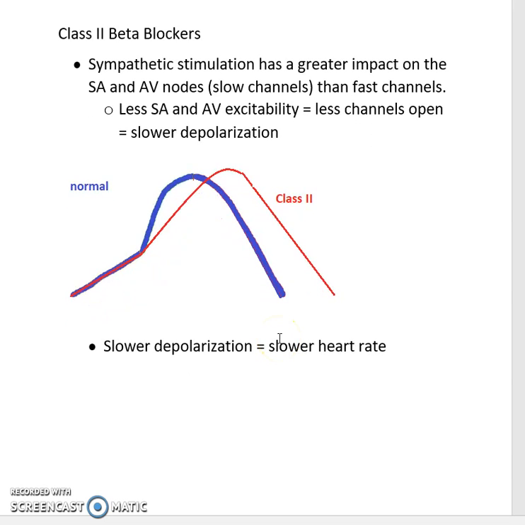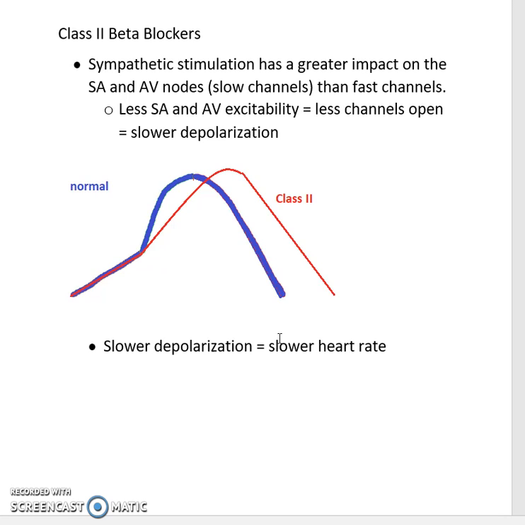And next we have the class 2s, which are the beta blockers. Beta blockers reduce sympathetic stimulation of the heart cells. The two parts of the cardiac conduction system that are the most receptive to sympathetic stimulation are the SA and the AV node, which means it will mainly impact the slow channels, which, if you remember, are the ones that make up the majority of the PR interval.